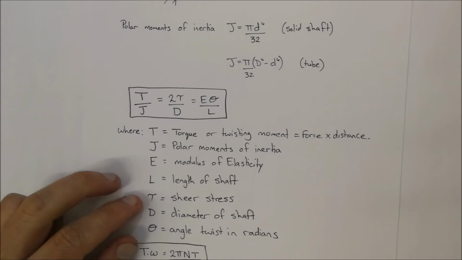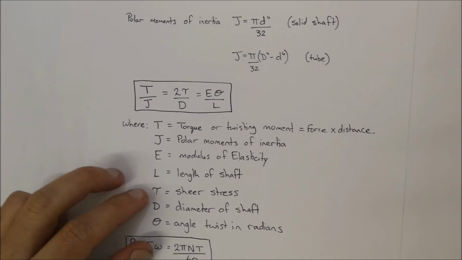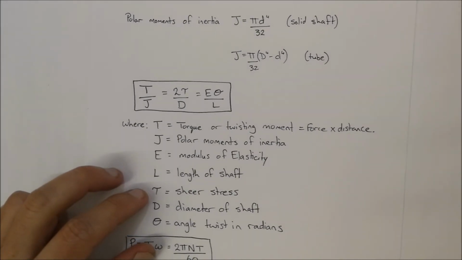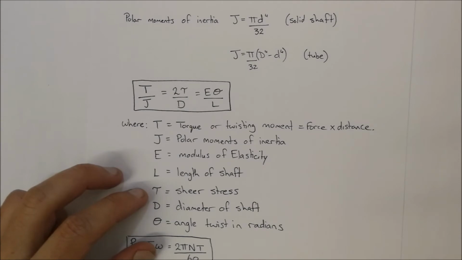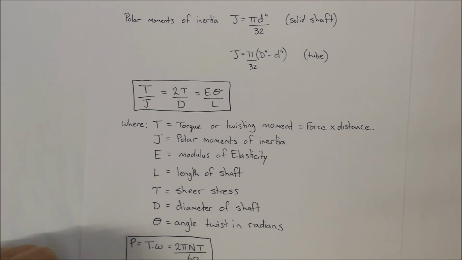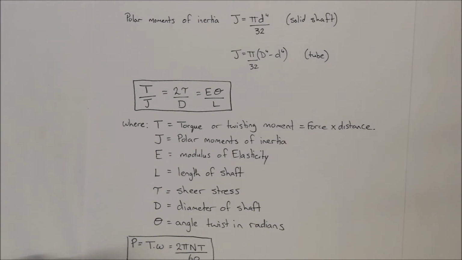Remember, stress is equal to force over area, and we also looked at shear stress scenarios, where instead of the normal stress symbol, it was this specific tau symbol. Then D over here is the diameter of the shaft, and theta over there is the angle of twist in radians.